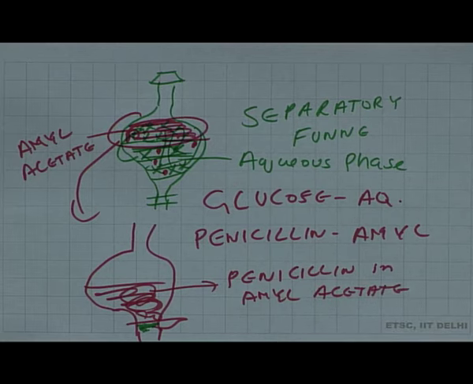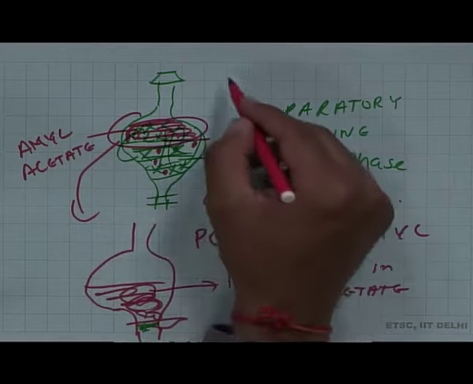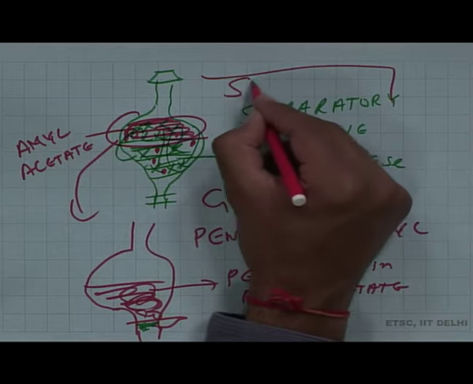Basically, then you can do further steps of separating it again from amyl acetate in phosphate and so on. The whole of this process is essentially solvent extraction.